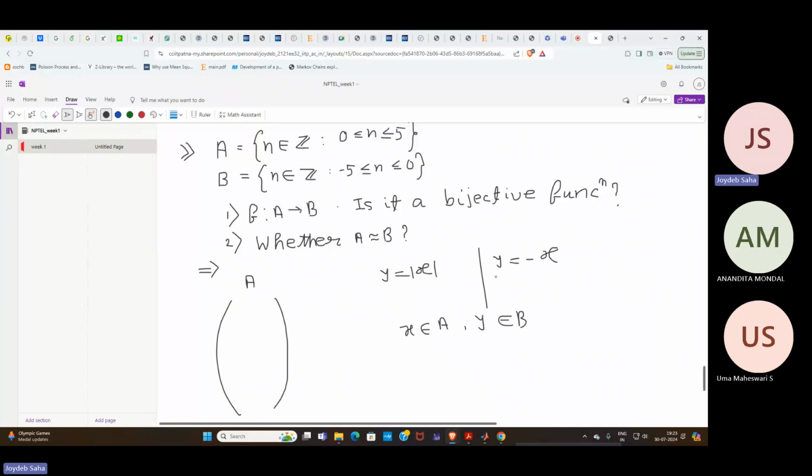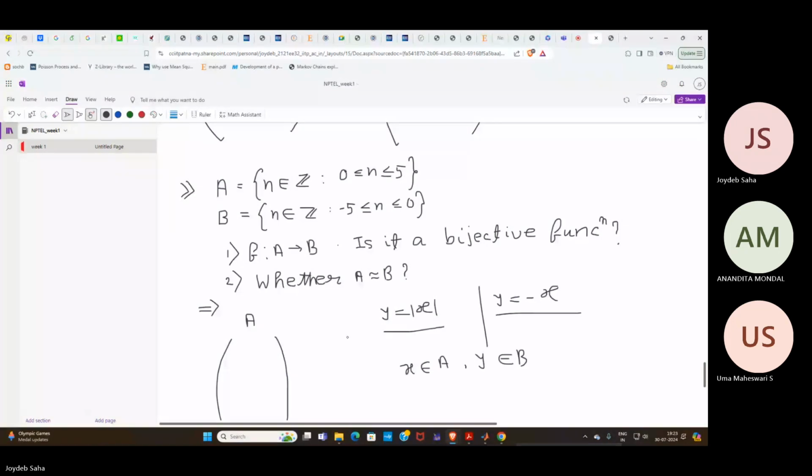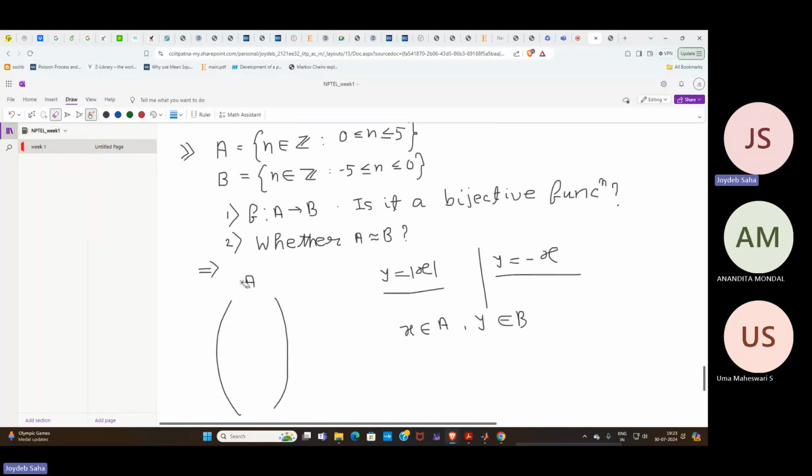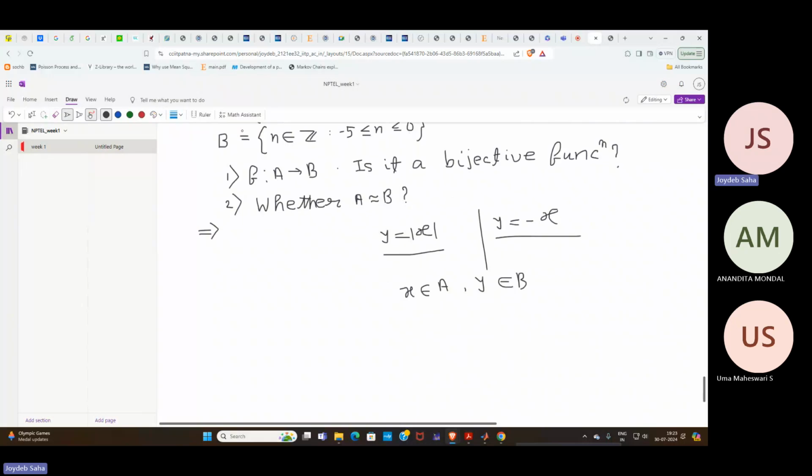What about if we define y is equal to minus x? Will it not be a bijective function? Yes, it will be. So there will be different definitions also. So only from this question, if f is defined from A to B, we cannot say anything about whether it is a bijective function or not.